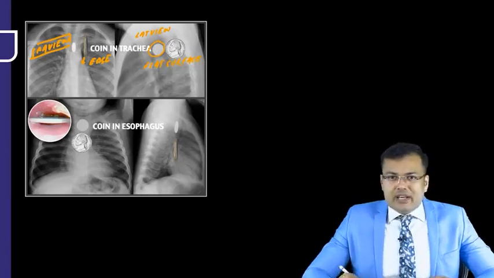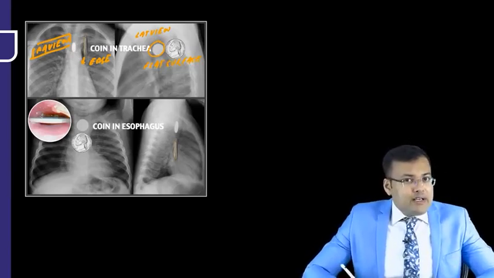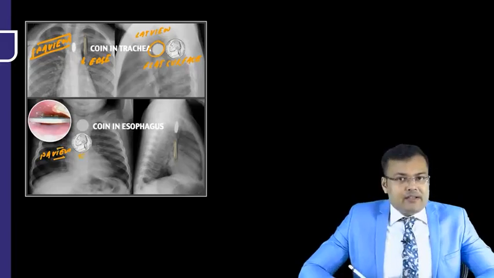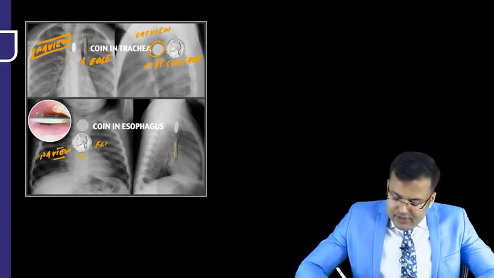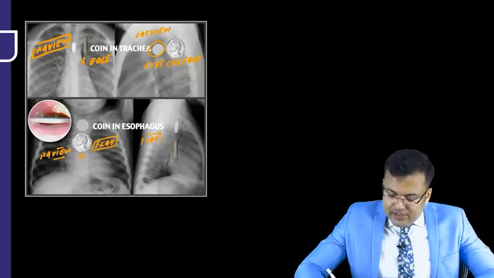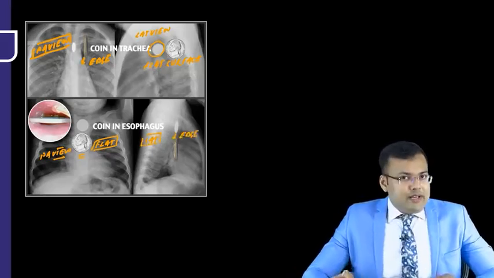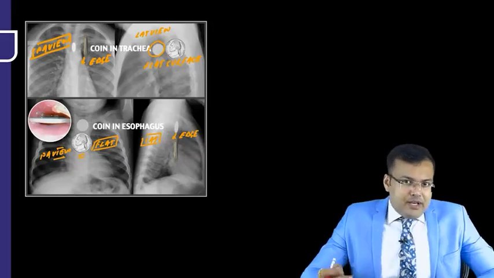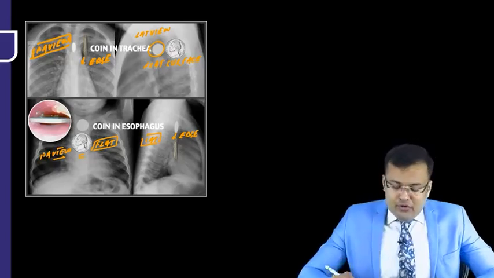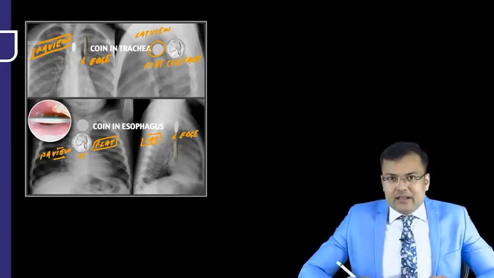Whenever the coin is in the esophagus, on PA view we can see the flat surface, and on lateral view we can see the edge. So it's very easy to differentiate. On PA view, if you see the edge, it is in the trachea. If you see the flat surface, it's in the esophagus.